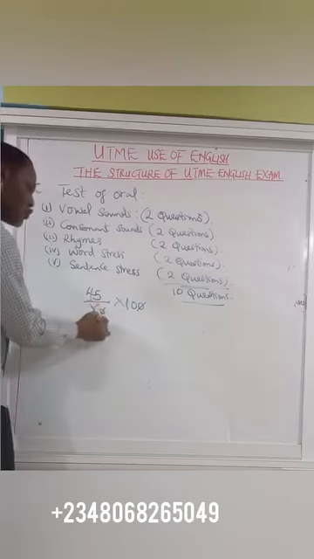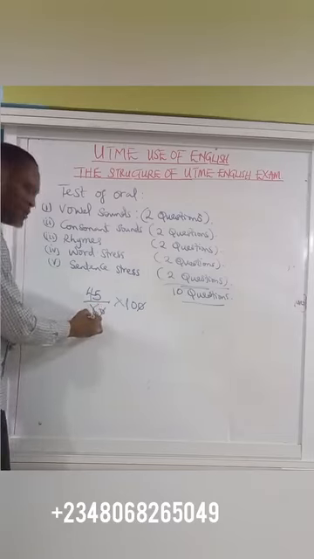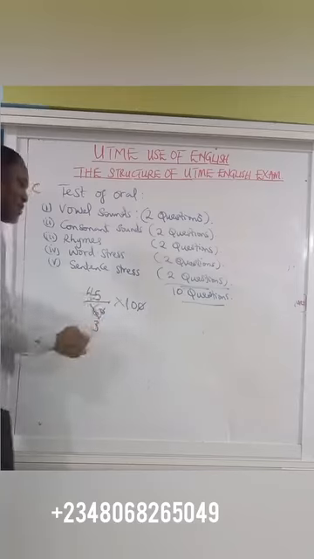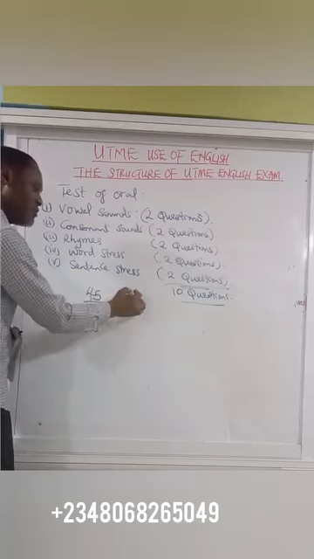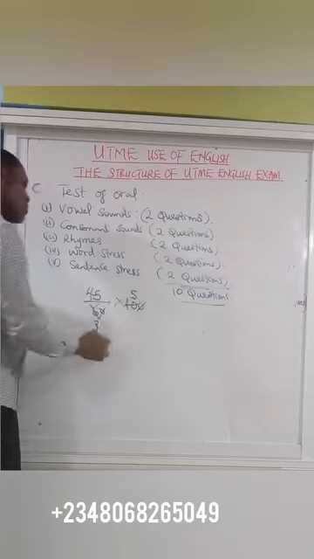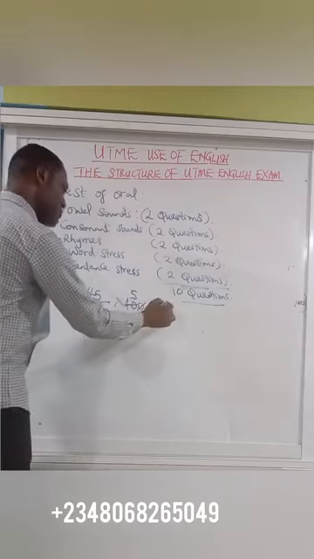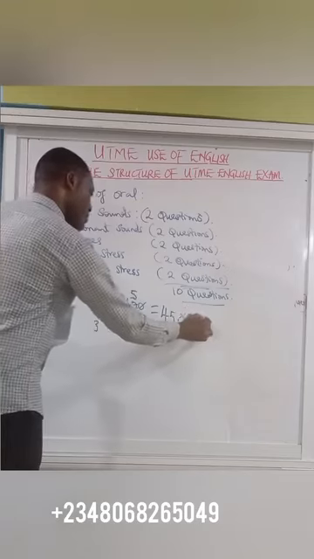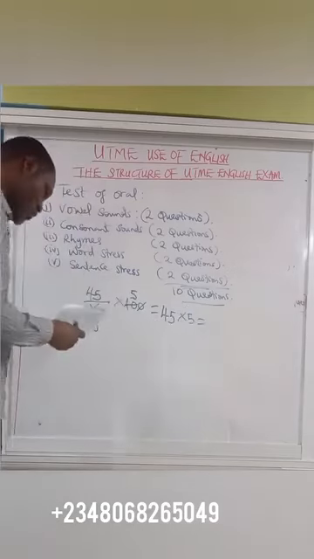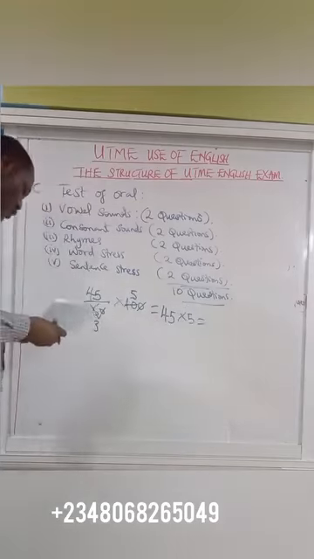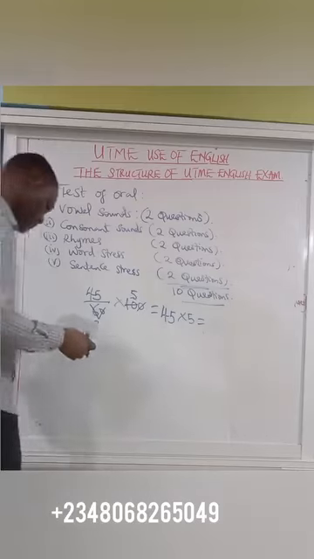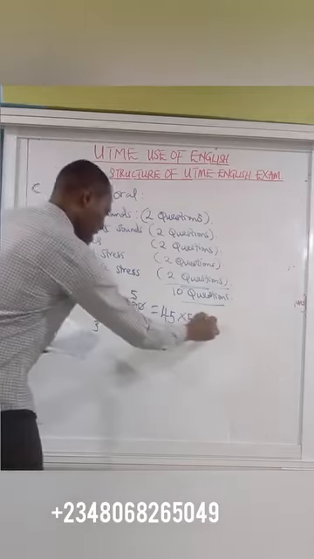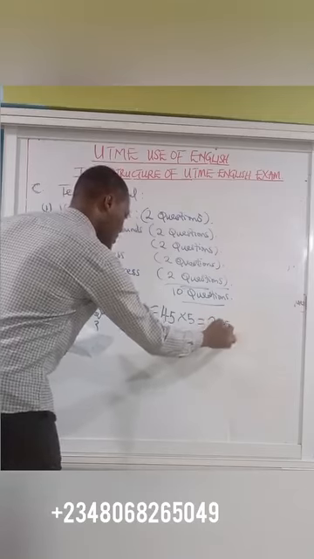Now, 2 goes in 6, we have 3. And 2 goes in 10, we have 5. So 45 times 5, I hope you're pressing your calculator at home, is 225.